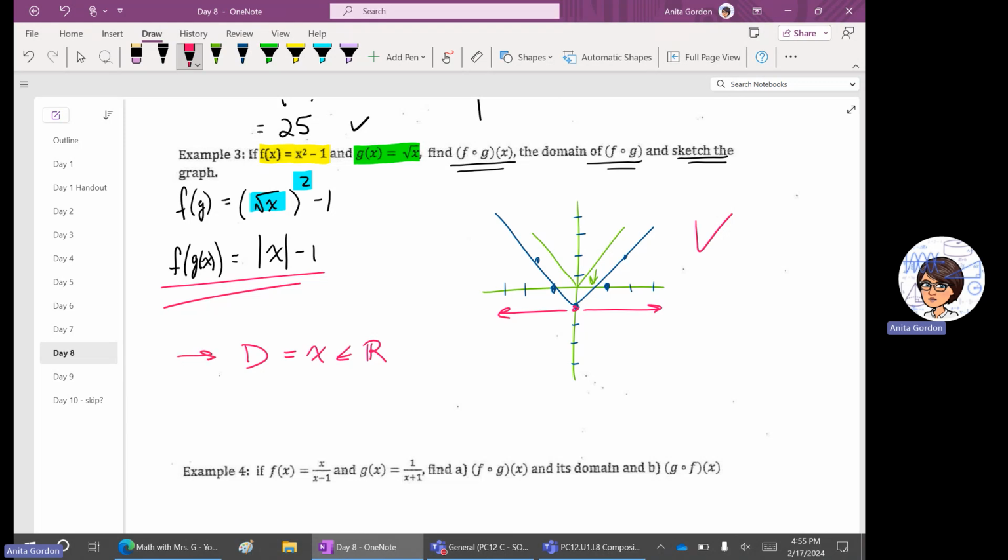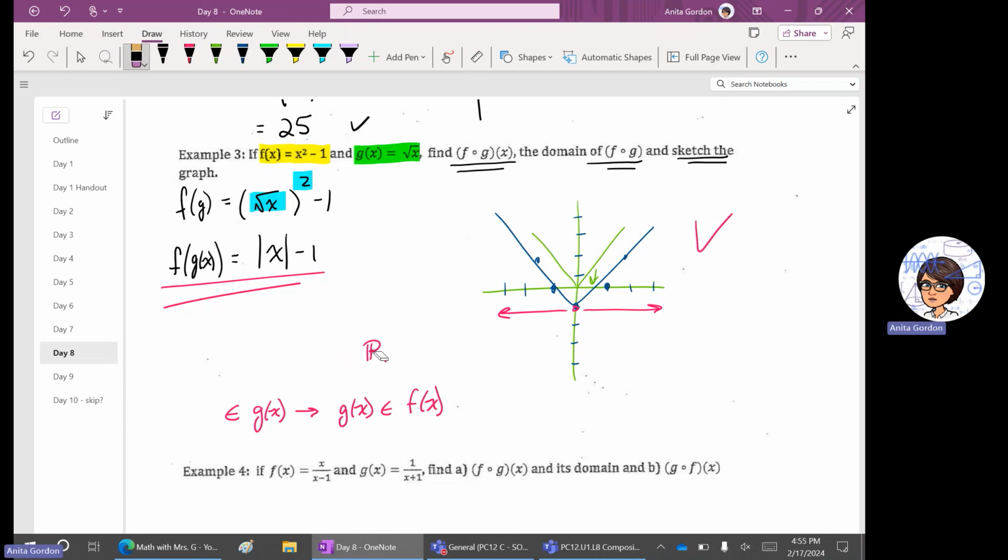In order for us to figure out what the composition domain is, we have to make sure that the x has to be in the domain of g of x, and then g of x has to be in the domain of f of x. So we have to look at each one individually.